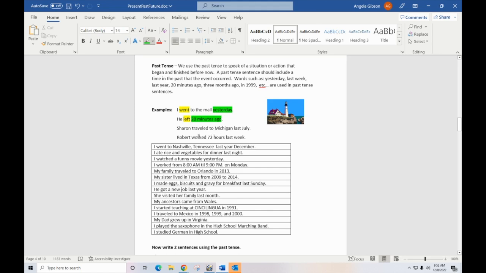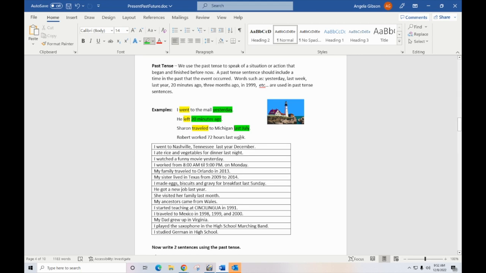Okay, the third example here, Sharon traveled to Michigan last July. So our past tense verb is traveled. Now this is a regular verb, travel, traveled. And our time is last July. Sharon traveled to Michigan last July.